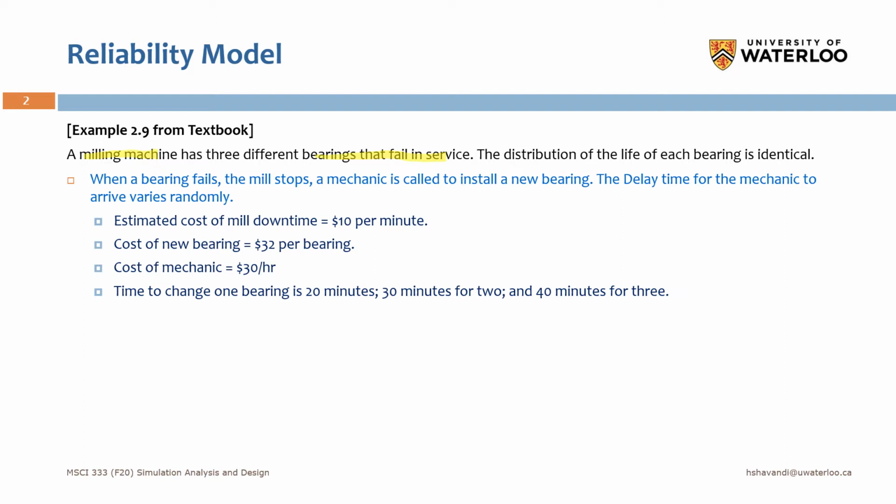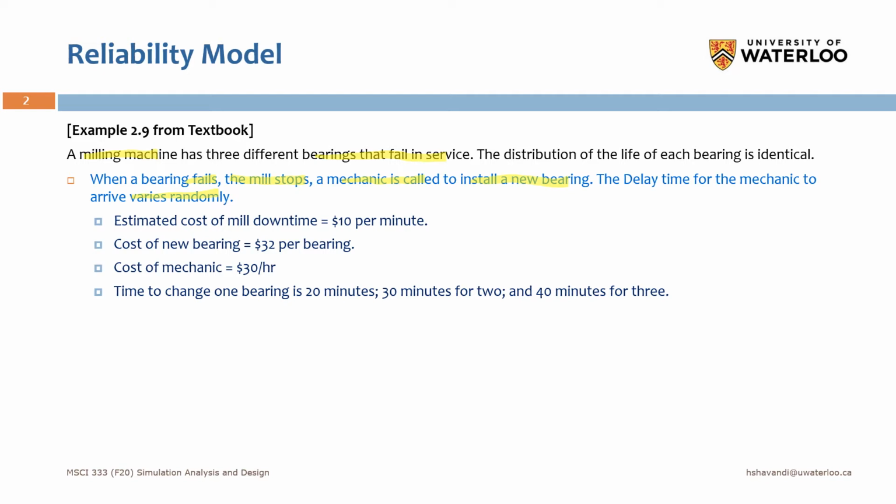And when a bearing fails, the mill stops, and a mechanic is called to install a new bearing. The delay time for the mechanic to arrive varies randomly. So we have a random delay time for the mechanic to arrive at the system to replace the bearing.